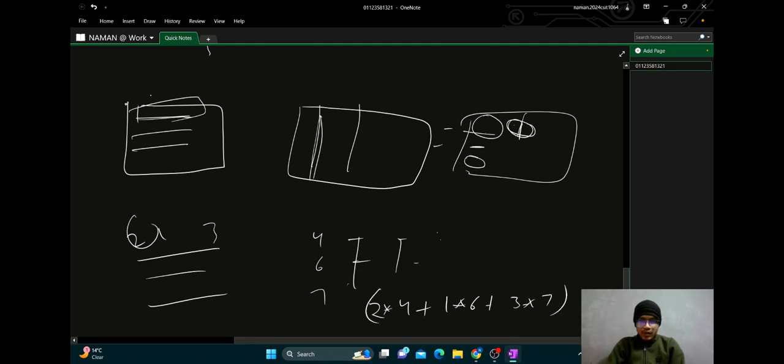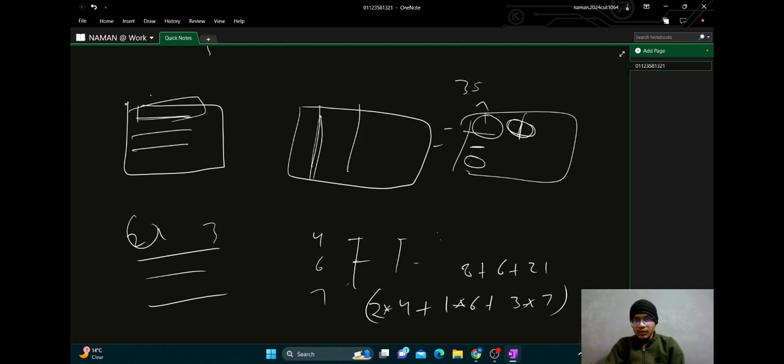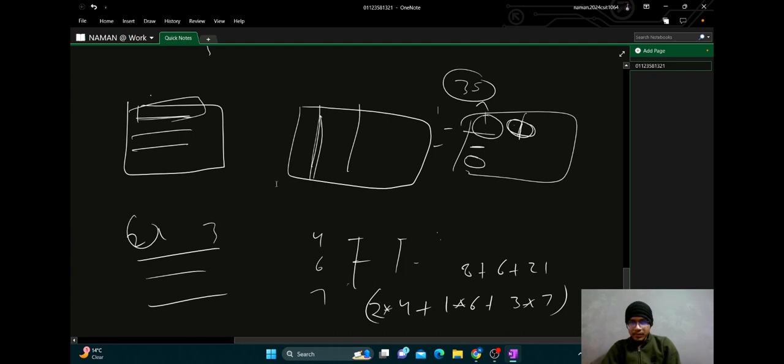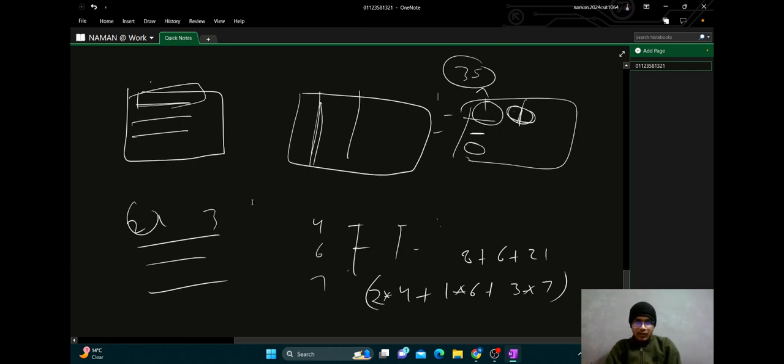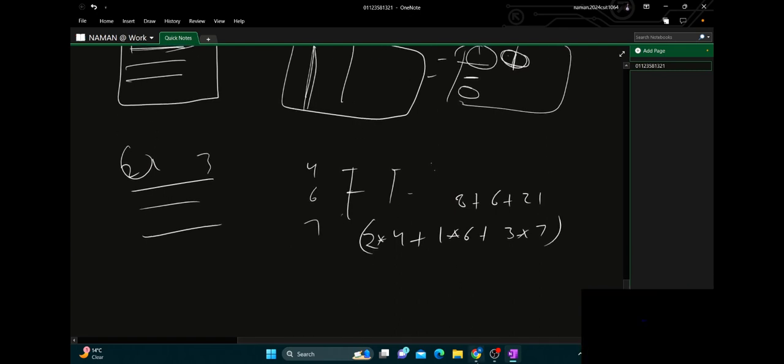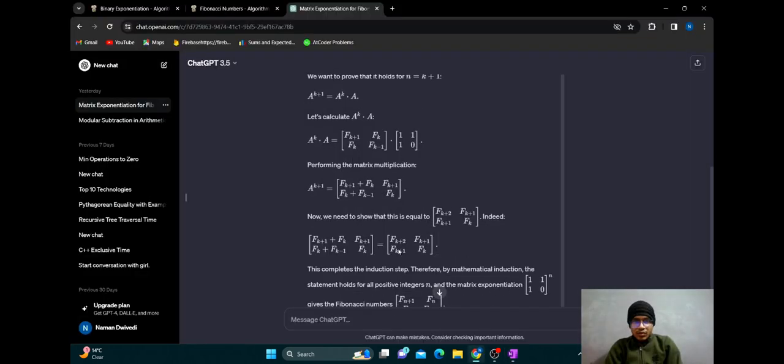So 8 plus 6 plus 21, that is 35. So the answer for this cell will be 35. In this way matrix multiplication is done, and for all the cells you will find the values and eventually get the answer matrix. So let's come back to the proof.